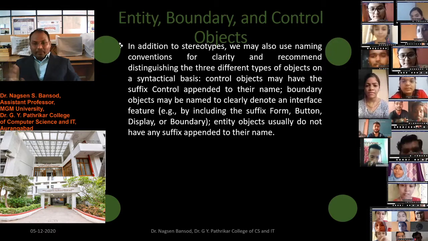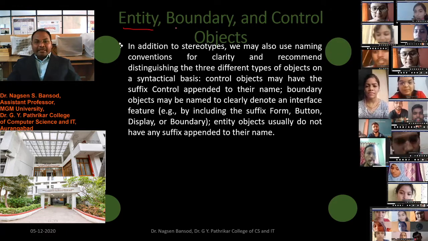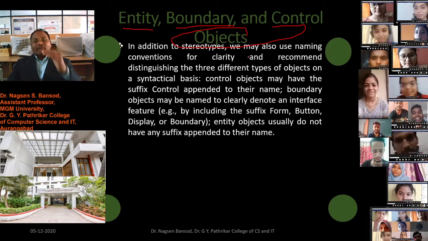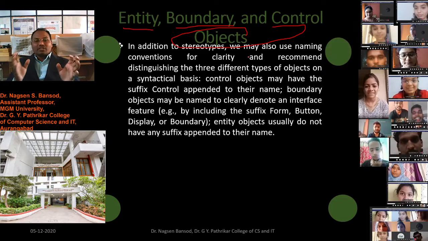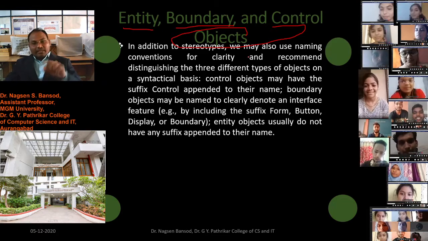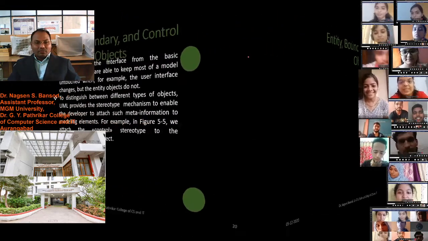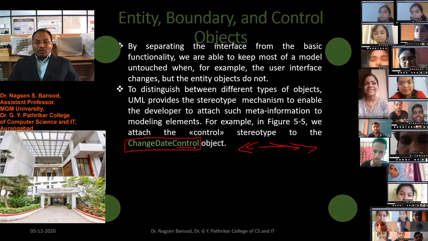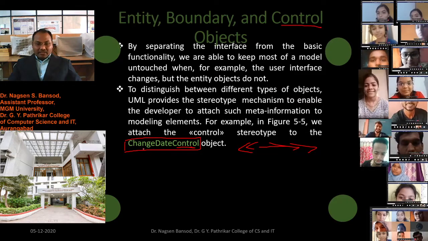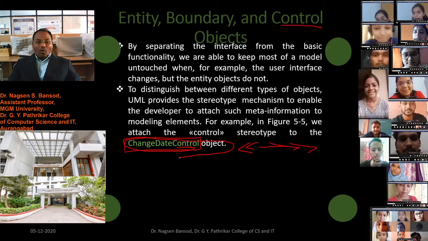How will we find the entity objects and control objects? These suffixes are sometimes used in the names, so before the name starts, this name is given, as we saw here. Control is attached, as in change date control, so we can say this is the control object.